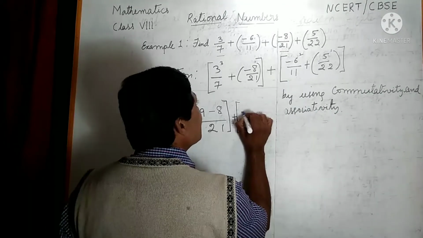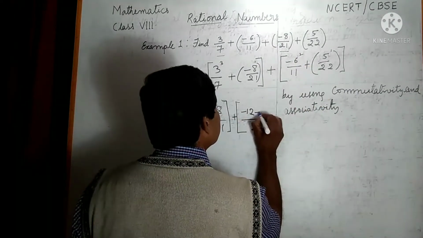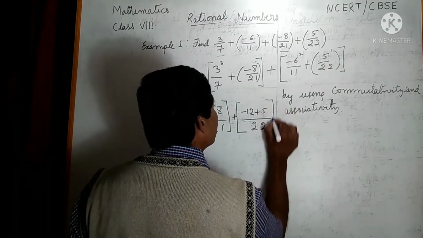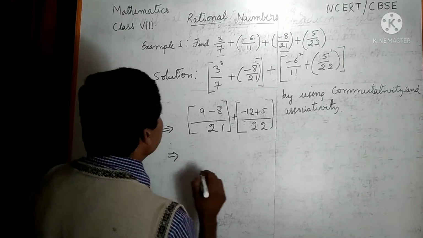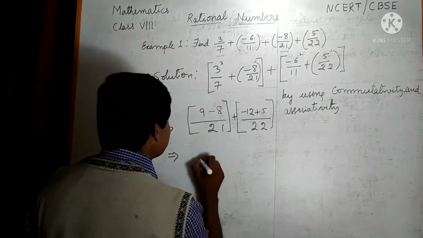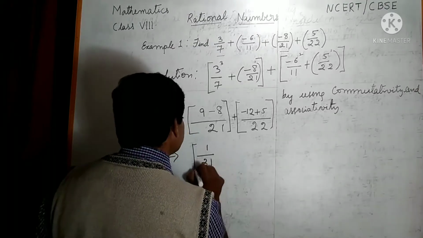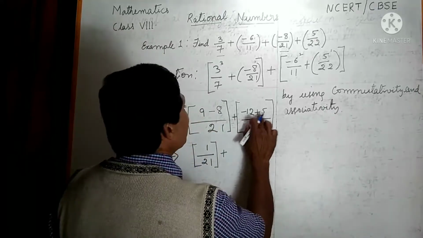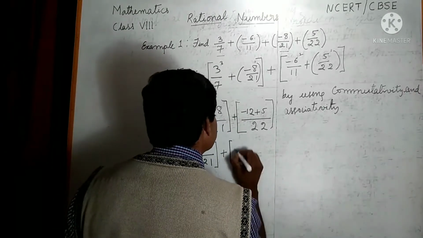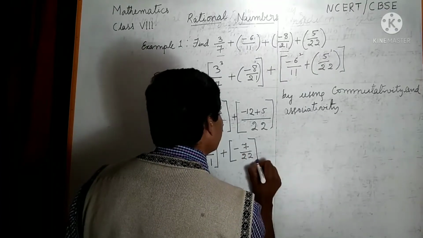So minus 12 plus 5 implies 9 minus 8 is 1 divided by 21 plus minus 12 plus 5 is minus 7 by 22.